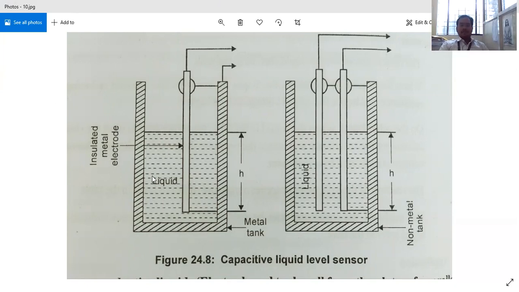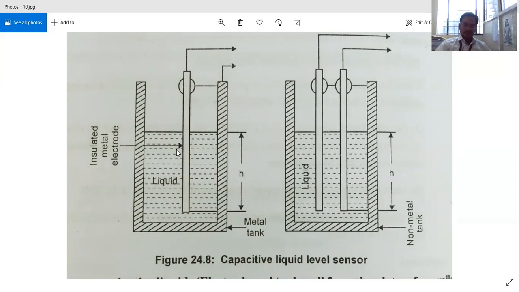When the dielectric constant increases, the capacitance increases. So that principle is used here. Here the liquid is the dielectric medium. When the liquid level is increasing, the dielectric constant between the two electrodes will increase, and when the dielectric constant increases, the capacitance will also increase. Based on the capacitance output value recorded, the level of the liquid will be determined.